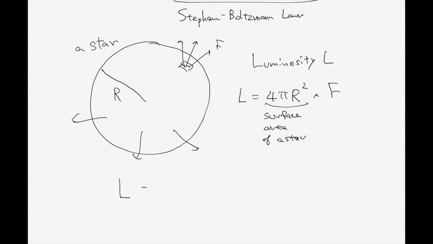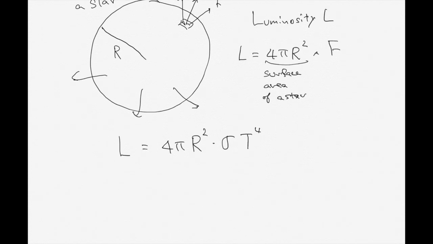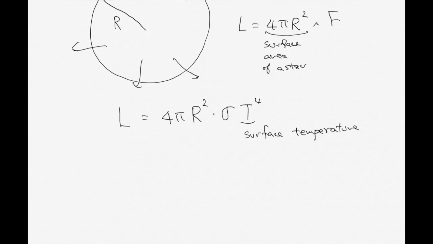So this means L = 4πR² times σT⁴, and T is the surface temperature of stars. From this equation, you can calculate T: T = (L / (4πR²σ)) to the power of 1/4.